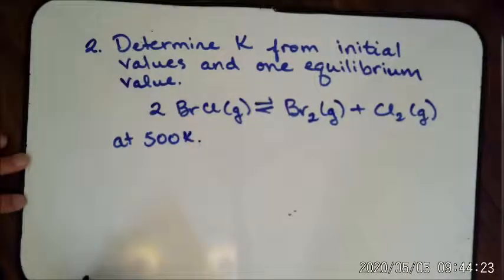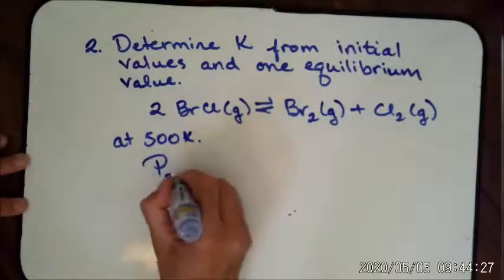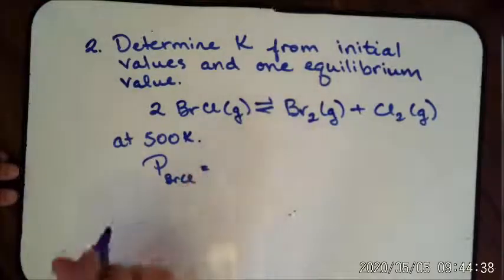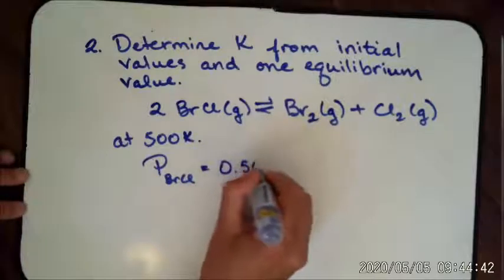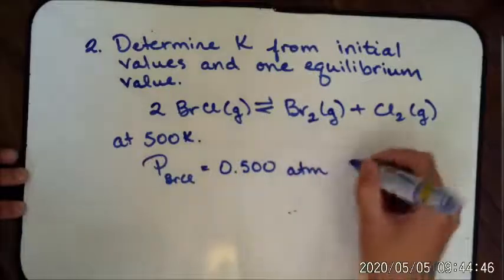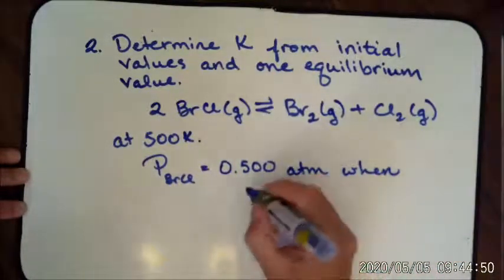We know that the partial pressure of my bromine chloride gas is equal to 0.500 atmospheres when setting up the reaction.